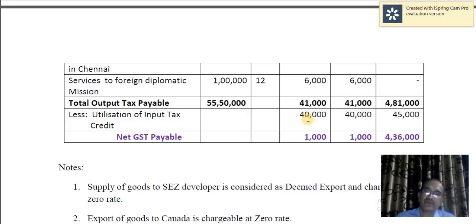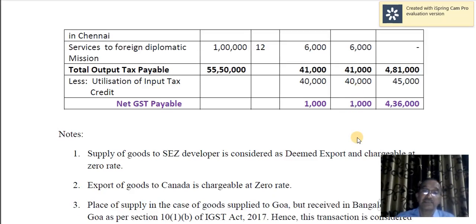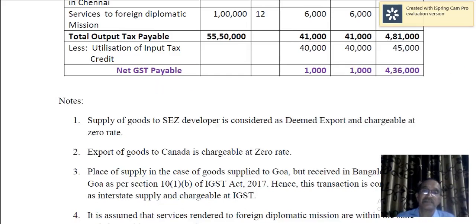So if you set off, only 1,000 remains. This is payable. And then here 41,000 is the output tax, whereas input tax credit is 40,000. So 1,000 is the SGST tax payable. So thus in this case all the three taxes are payable, that is CGST, SGST and IGST.